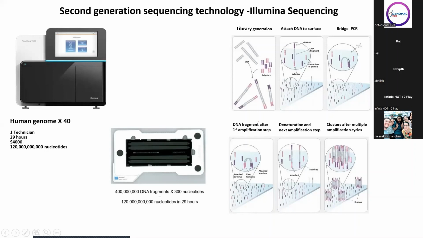This is one set of the PCR, like a double strand of DNA, and after denaturation and amplification we can see the parental and the daughter strand. After that, multiple clusters are formed, and by using bridge amplification cycles, they easily increase in number.